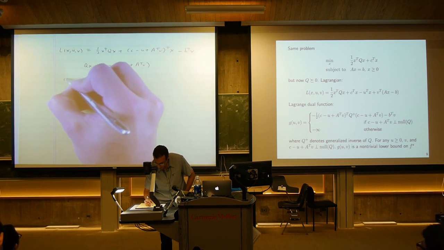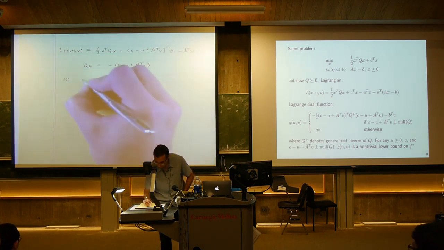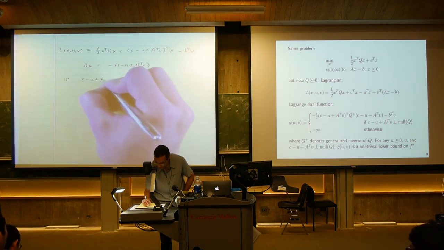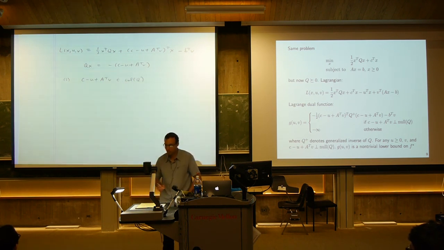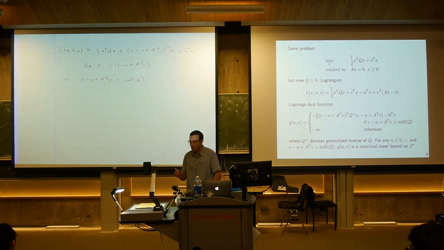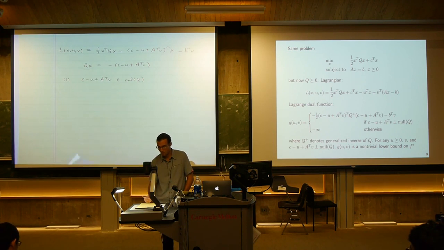The first case is when c minus u plus A transpose v is in the column space of Q. That means there is an x that makes this true; the linear system is satisfiable. There is a solution.